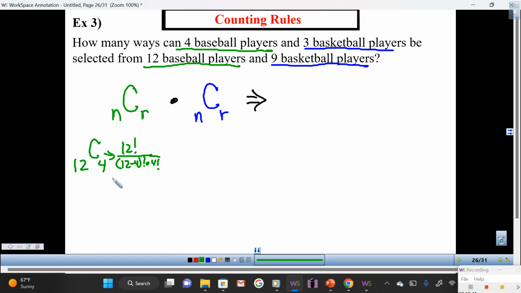Okay. So this becomes, let's see, 12 factorial over 8 factorial times 4 factorial. So that means if we get rid of 8 and on, we're left with 12 times 11 times 10 times 9. So far so good, yes? And then 4 times 3 times 2 times 1.